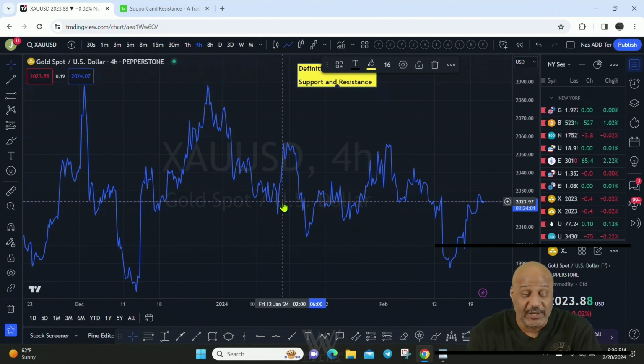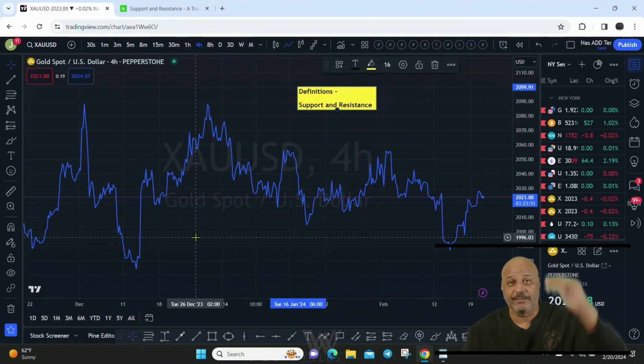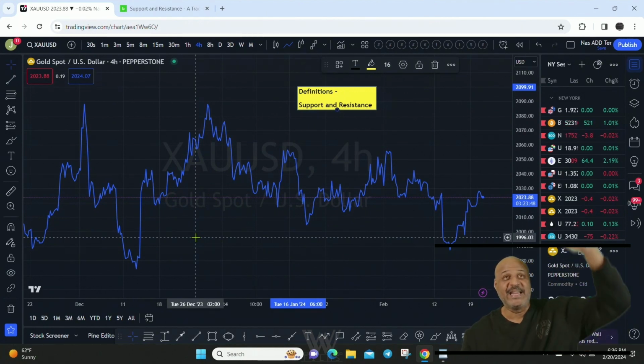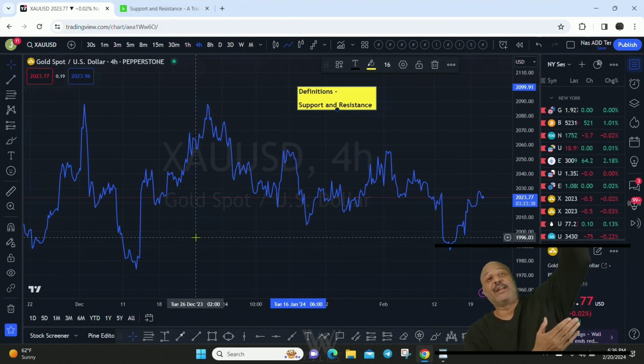Now, with this we're looking at a line chart, right? You've got candles and a line chart. But the line chart allows me to find the high and the low, so the peak, like the peak of a mountain. Like you skiing and you gotta go up, or better yet, a roller coaster. When you're going up the roller coaster, you're going up to the highest point, and then you get ready to go down, right?